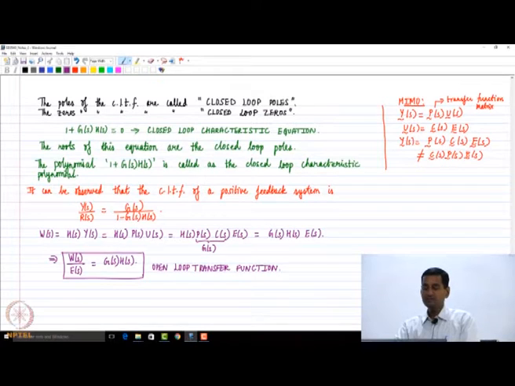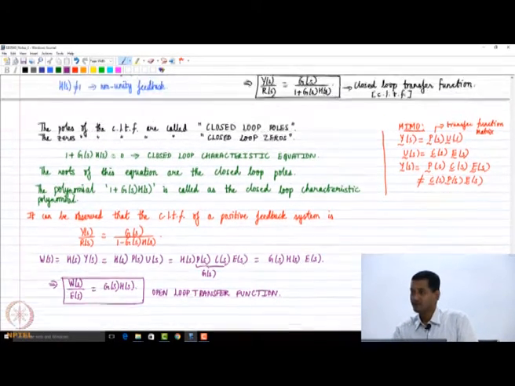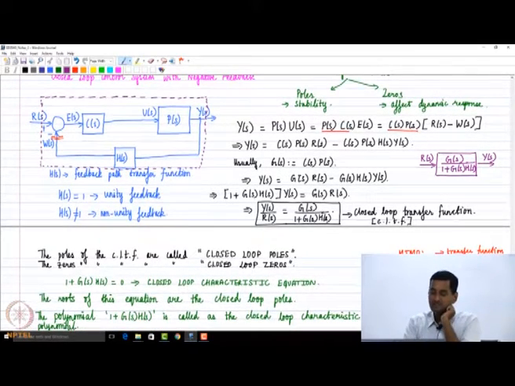Look at the ratio of the signals that I am taking, W and E. Imagine that you cut open the loop here. The signal that you are getting at this junction is going to be W, and the input to the opened loop is going to be E. So that's why we are taking W of s divided by E of s as the open loop transfer function. That's a definition.